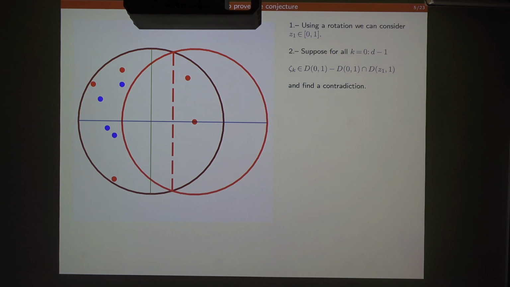But finding the contradiction is not so easy. Okay. There are other strategies. Perhaps I develop this at the end. Okay.